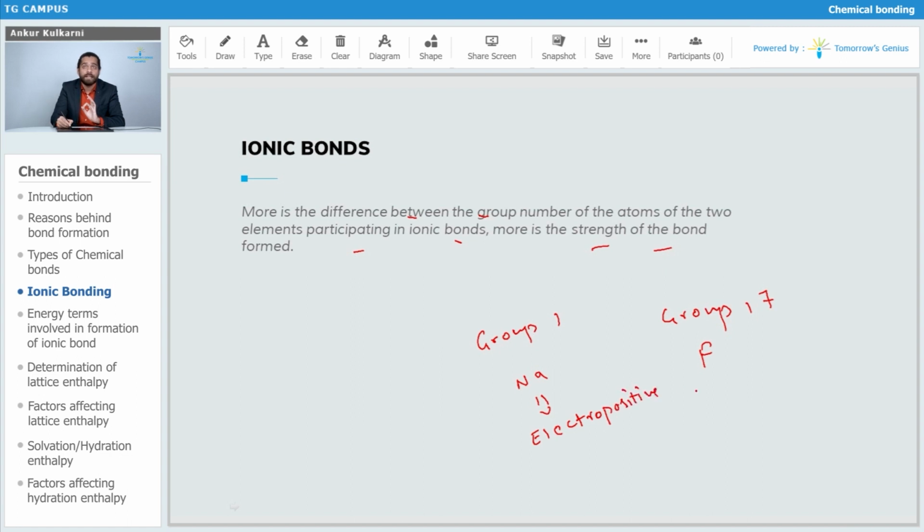And group 17 is electronegative in nature. So the difference between the groups, if you see, group 1 is on the extreme left hand side of the periodic table and group 17 is on the extreme right side. So the difference between the groups is large and hence the bond will be stronger, because one is on the extreme left hand side, very much electropositive, and the other is on the extreme other end, highly electronegative. Thus we can say the more the difference between group numbers, the more the strength of the bond. Correct. Now let's move ahead.